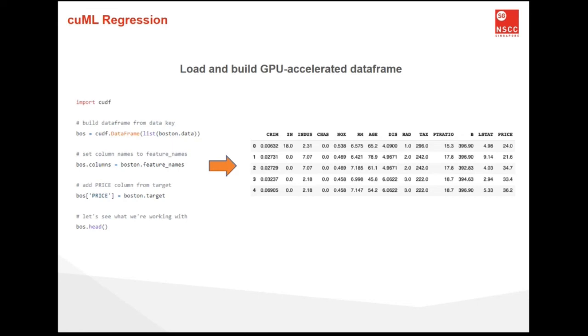We will use cuDF to load and build a GPU-accelerated data frame. In total, there are 506 instances, and each has 14 attributes. Knowing the layout of the Boston data and having an adjustable frame, it is time to work on defining and splitting training and testing data.